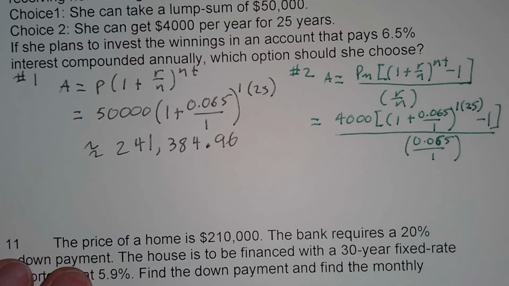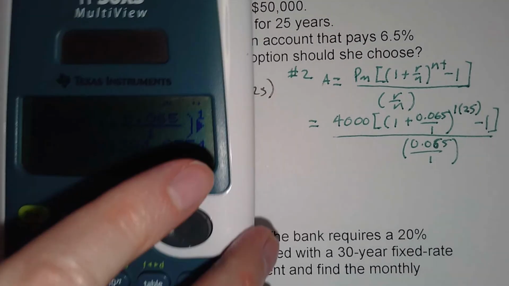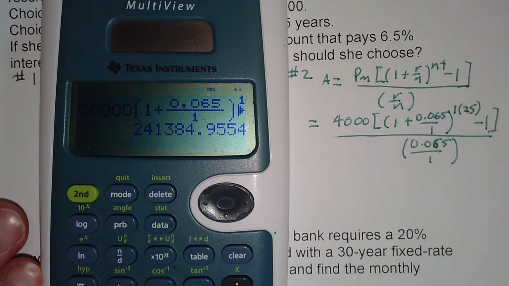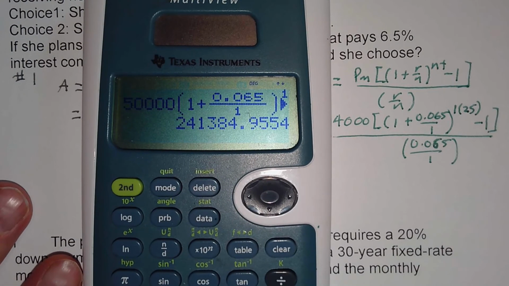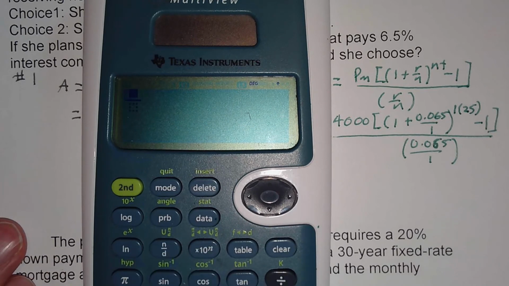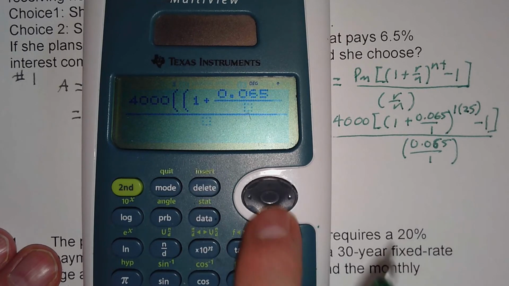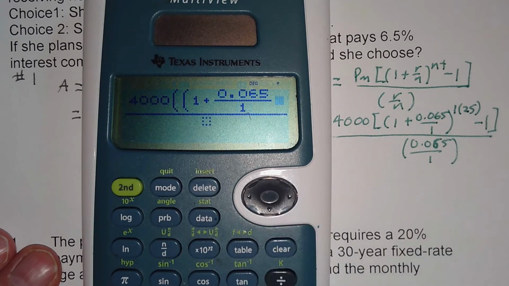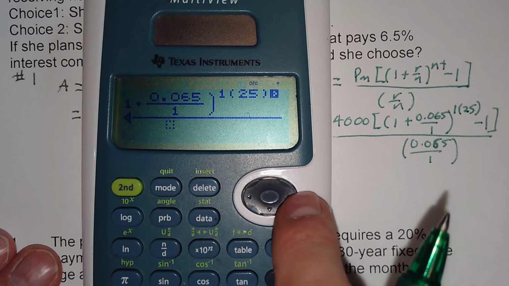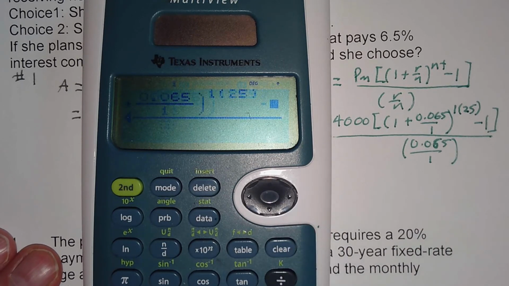So we're just plugging in the numbers, and now we're going to pull out our calculator to do the calculation. So we'll have 4,000, parentheses, 1 plus, fraction key, 0.065 over 1, close parentheses, caret key, parentheses 25, close it off, hit the right arrow, and then subtract 1, close it off.